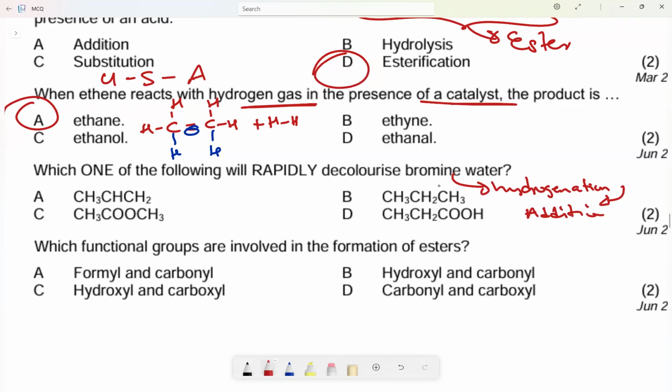Which one of the following will rapidly decolorize bromine water? It needs to be an alkene, because it is an addition reaction. It is not a carboxylic acid, not an ester, not an alkane.